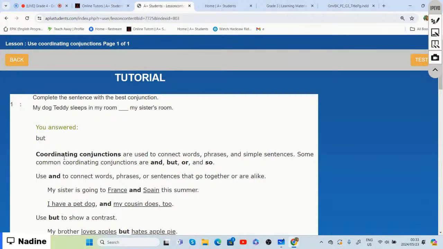What is the coordinating conjunction that we are going to add within that sentence to best show the conjunction? Are we going to say my dog Teddy sleeps in my room and my sister's room, but my sister's room, or my sister's room, or so my sister's room? Which one is correct?